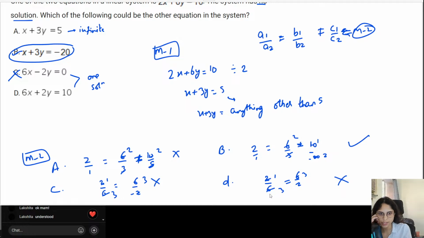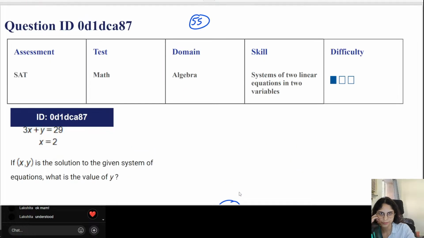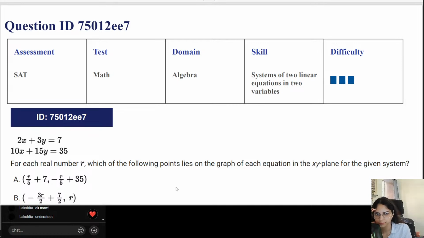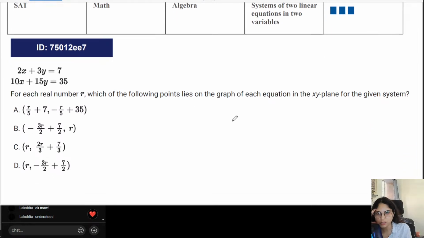Next is question number 57. Again, if you will see, whenever they're giving you R or something like this, they have to be infinite solutions, and you can see also 2 times 5 is 10, 3 times 5 is 15, 7 times 5 is 35. So these are infinite solutions.